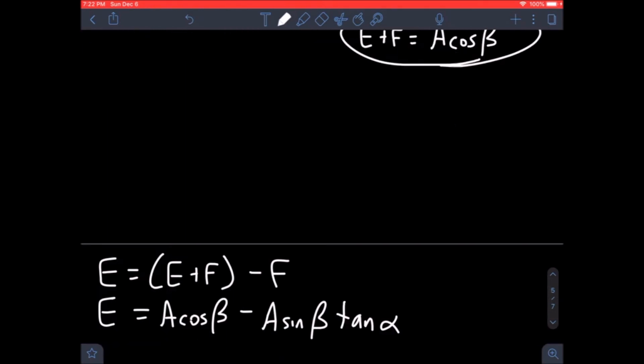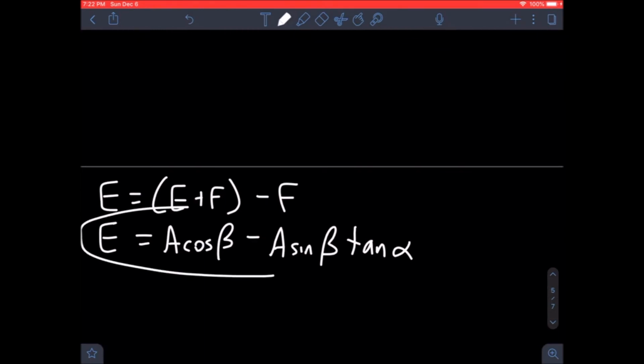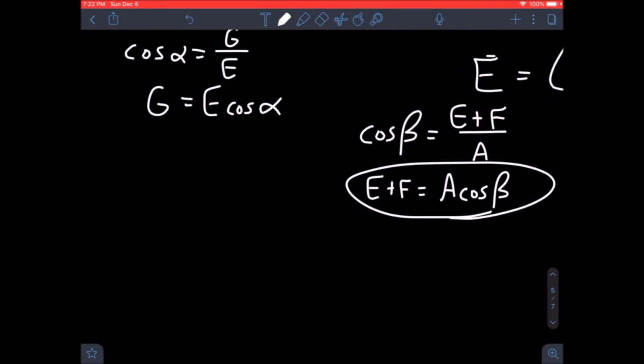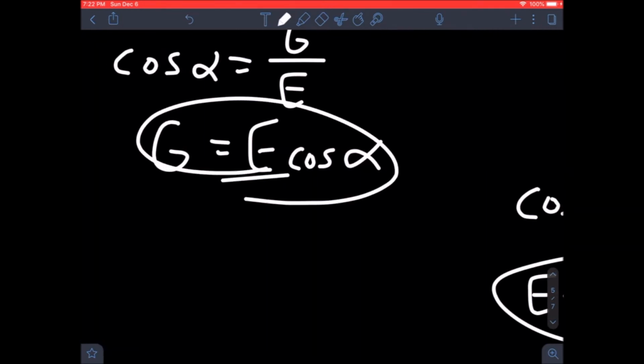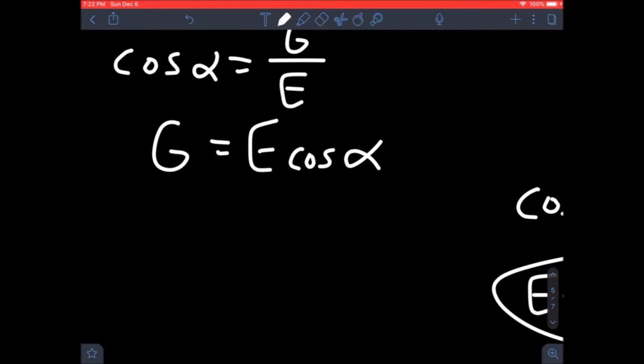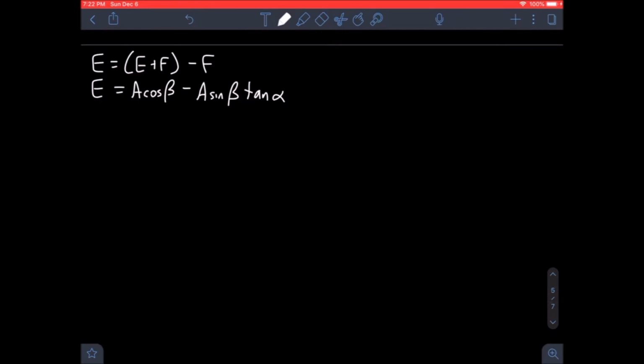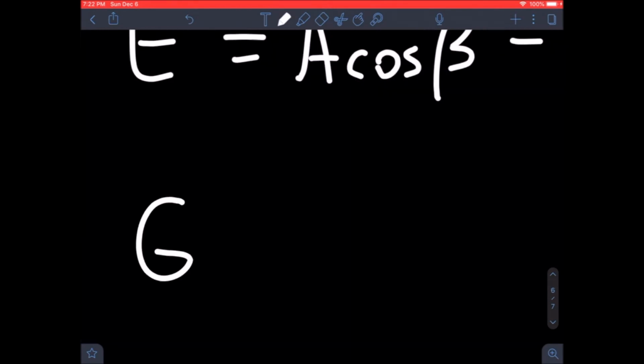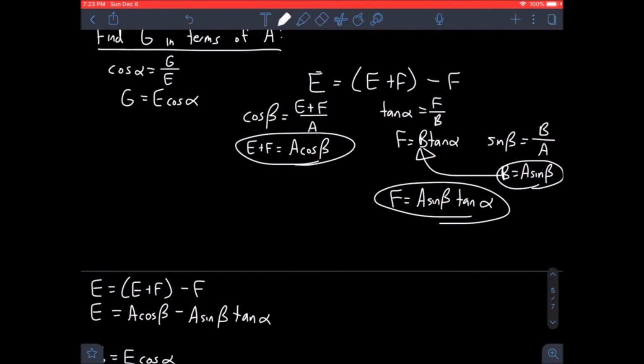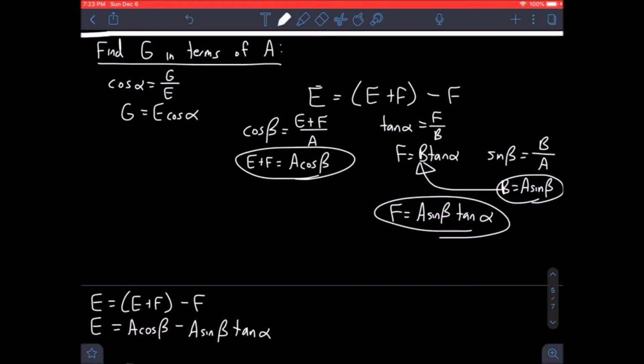So basically what we're going to do is take this and substitute it into here, right? Because then we will have G in terms of A. So let's just rewrite what we had right here. G equals E times the cosine of alpha, right? That's what we had right here. E times the cosine of alpha.